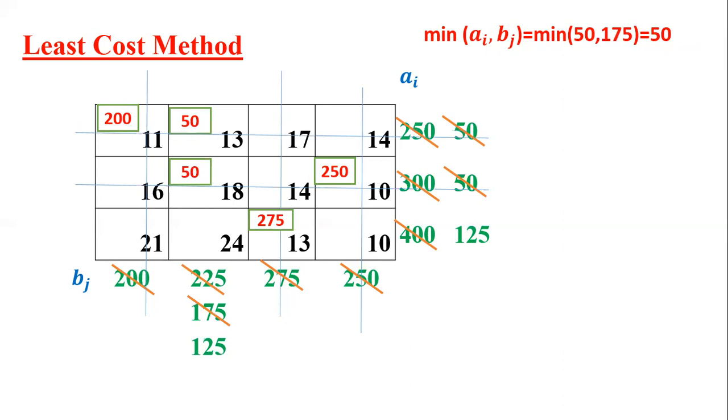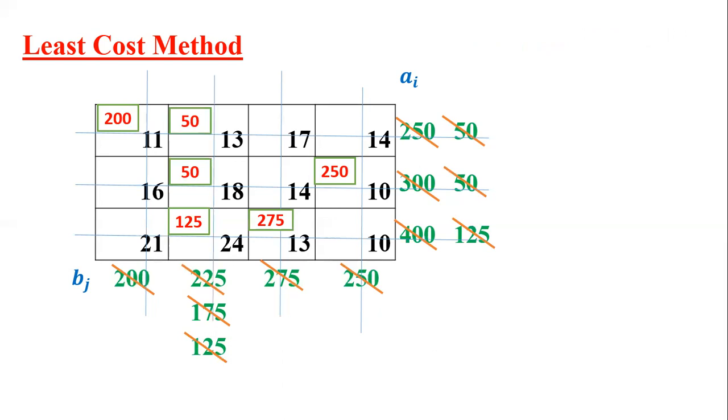Again, we have one place, 24, the only cost element available. The minimum of ai and bj is 125 and 125, so you allot 125. You have to strike out row-wise and column-wise, since it is nil balance and the column is fully balanced. There is no balance available and demand is fully utilized. The values are fully allocated.